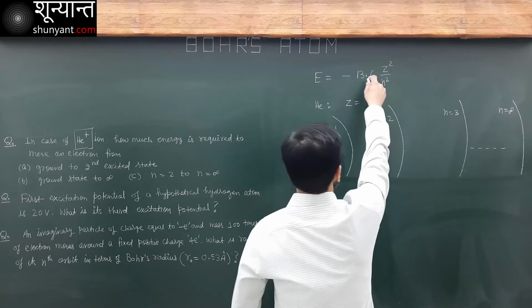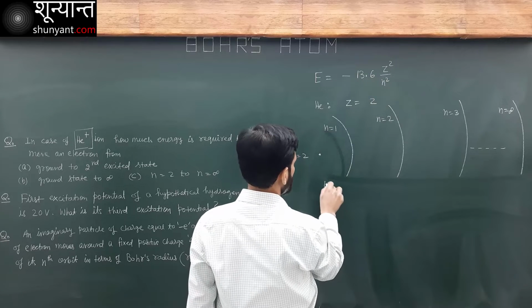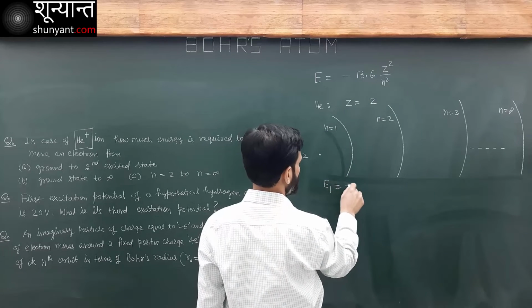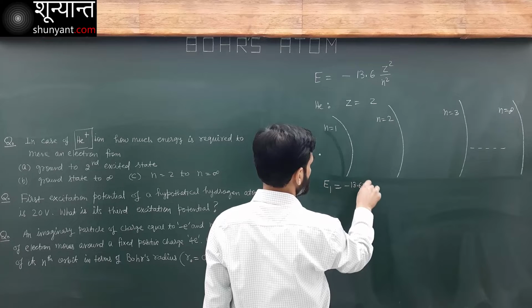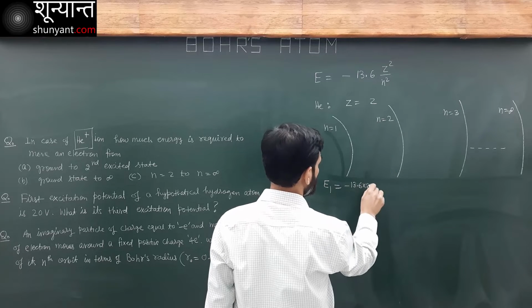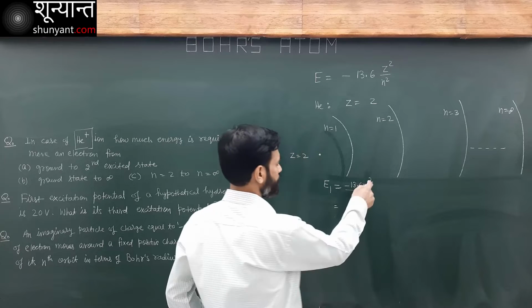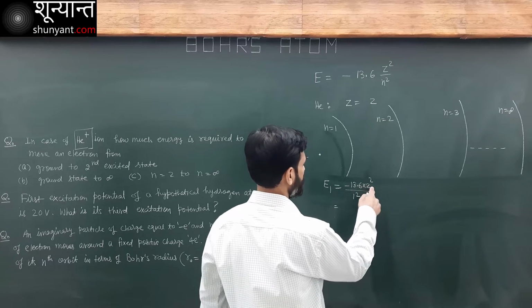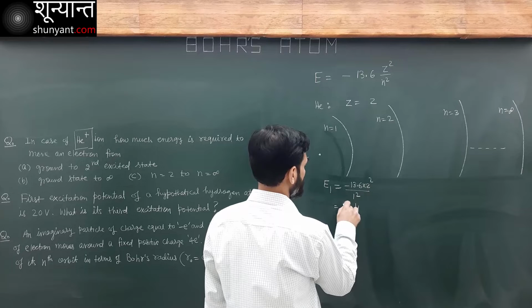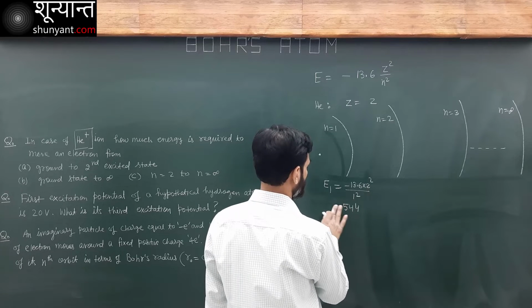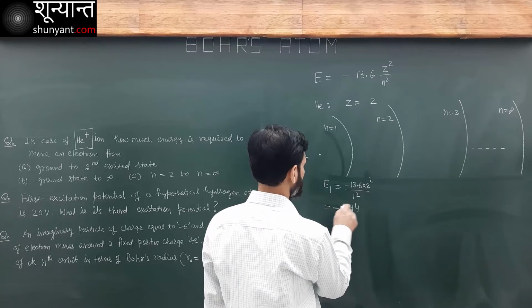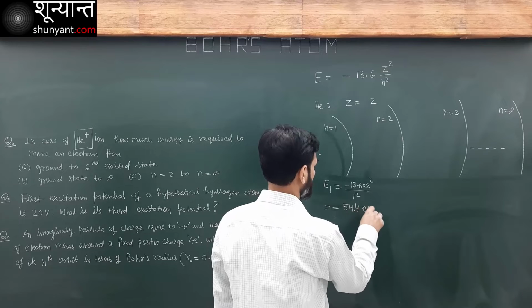So energy here, E1, is going to be equal to minus 13.6 into 2 squared over 1 squared. So it gets multiplied by 4, it becomes minus 54.4 electron volt. What is this?